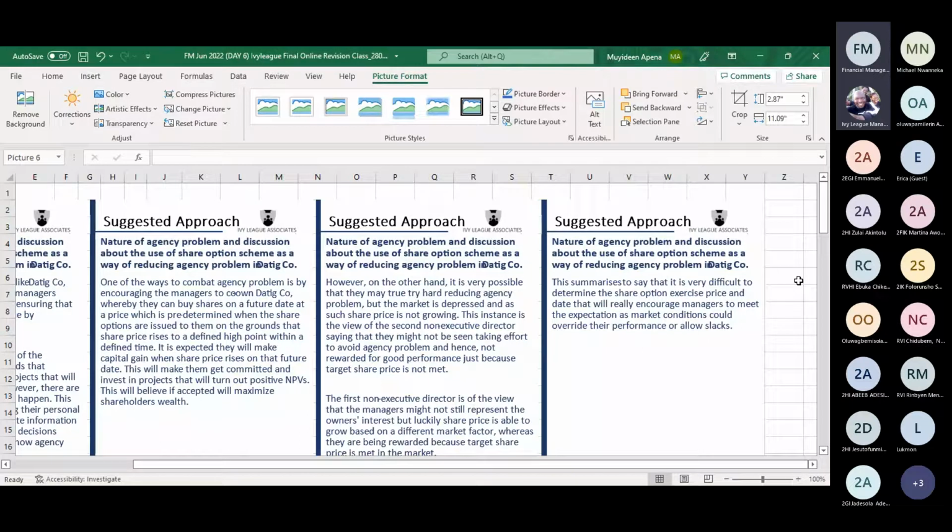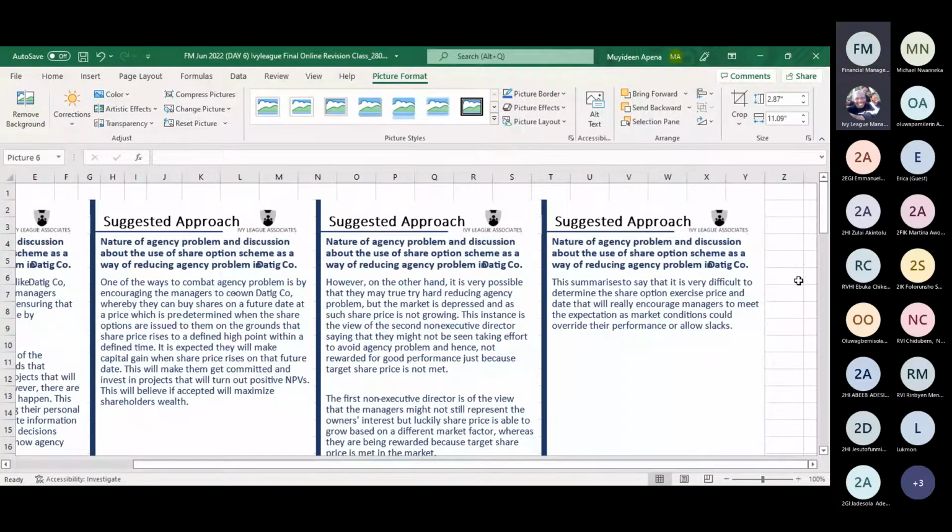Look at the last paragraph there. It is saying it is very difficult to determine the share option exercise price and the date when this should happen. You can't really say, because you are not sure what will happen at that time. And whatever happens, you can't say this is the effort of the managers, or that the managers are doing what they need to do but the market condition is not showing the performance.